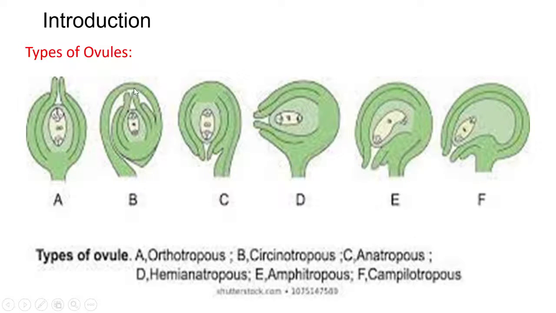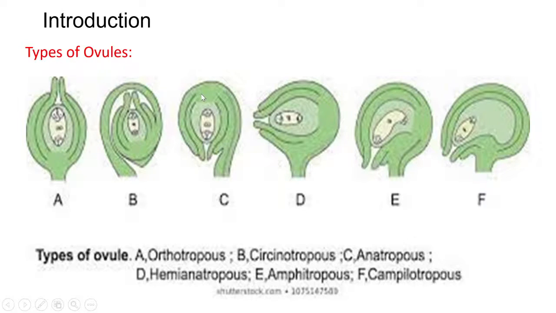It is curved. Embryo placed transversely in the ovary and ovule is bent in this manner like a horseshoe shape so that micropyle and chalazal end come close to each other. This is the chalaza and this is the micropyle. Such type of ovules are commonly present in Cruciferae and Capparis.